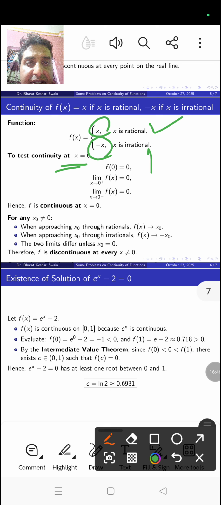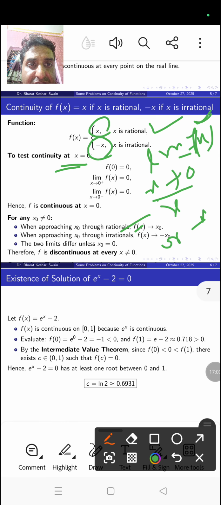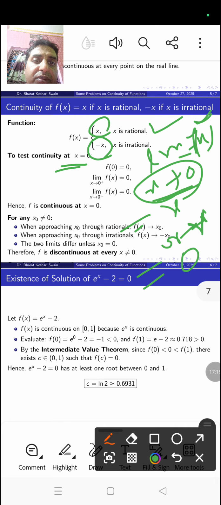Limit x tends to 0 minus of f(x) for your left hand limit. If x is rational or irrational, the value will be x or minus x. And since x tends to 0, for both the cases, the value will be 0.